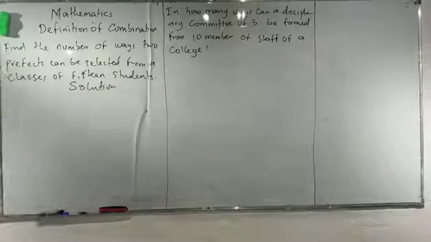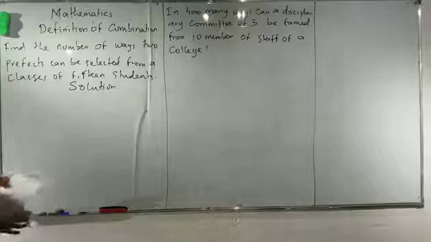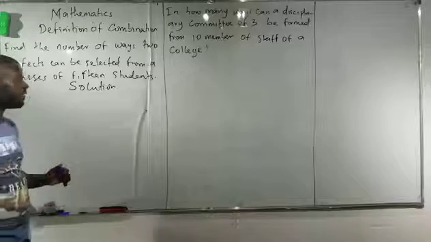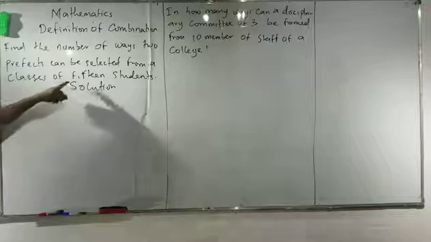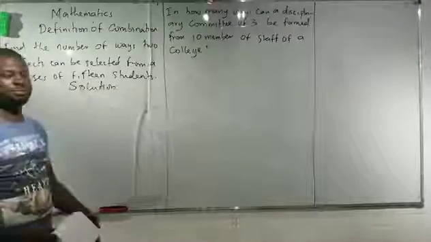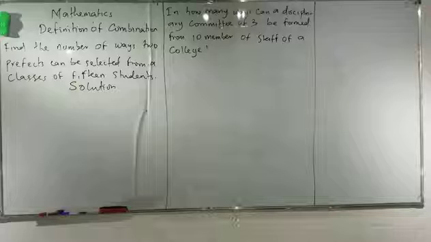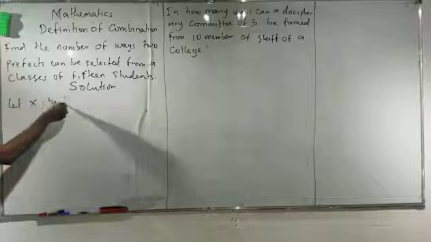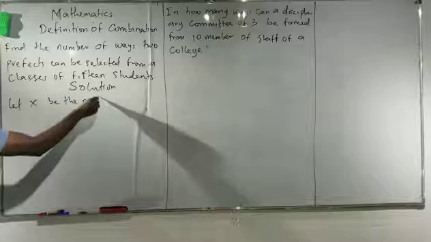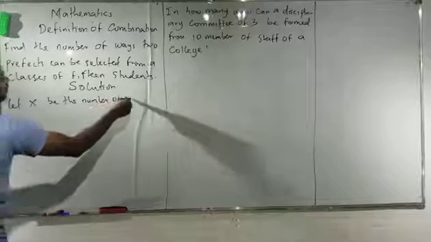Find the number of ways two prefects can be selected from a class of 15 students. This is a very simple question. We are looking for the number of ways. I don't know the number of ways, so I can say let x be the number of ways.